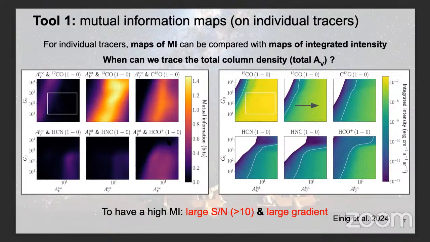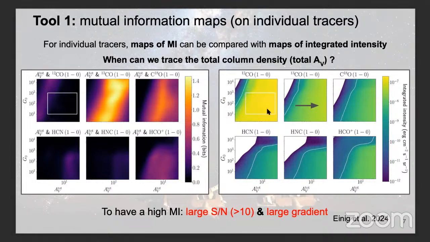So here the color shows the mutual information of the considered line with the total AV. And we see that, as expected, 12CO is only informative at very low AV because the 12CO line will saturate when you have a larger amount of gas, so it will only trace the surface. And then 13CO and C18O become more informative as you are trying to probe larger amounts of matter. So exactly what we expect from our knowledge of ISM physics.